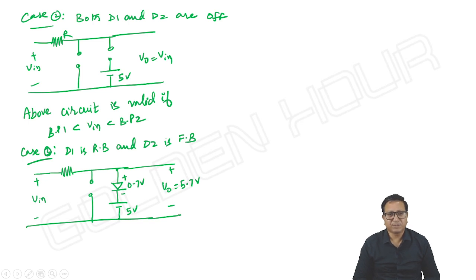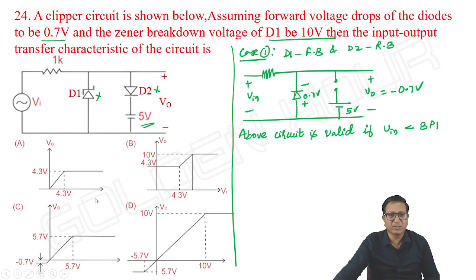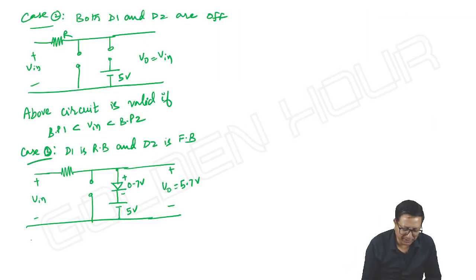It looks like there is a scope for D1 to undergo breakdown. As it is a Zener diode, suppose input is greater than 10 volts, which is the breakdown voltage of D1, then there is a scope for this to undergo breakdown. It looks like. Don't worry, I will conclude everything. Right? So, I'm writing it.